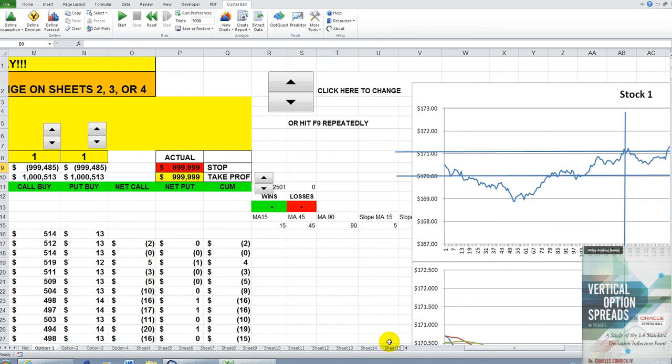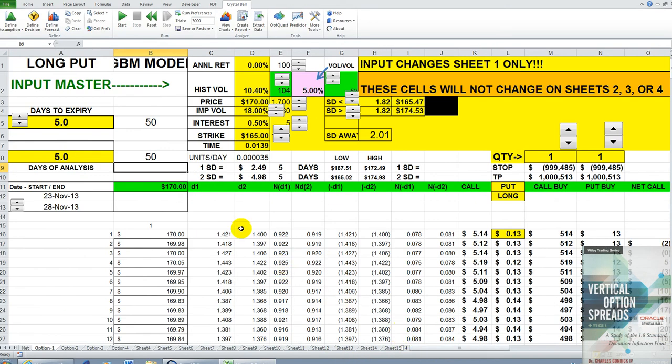On tab option 1, you're looking at your long put and your basic setup area for putting in your annual return estimate, your historical volatility, the price of the stock, your days to expiry, and your days of analysis. So you could put in a 90-day days to expiry and then only analyze 20 or 30 or 40 days, whatever you decide to do.